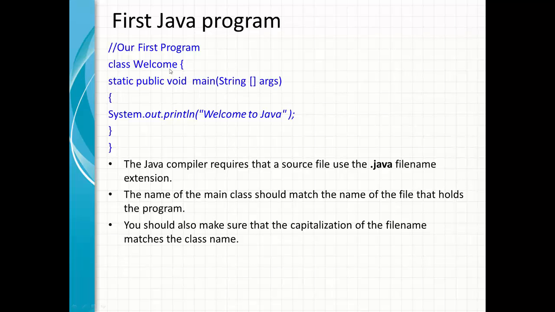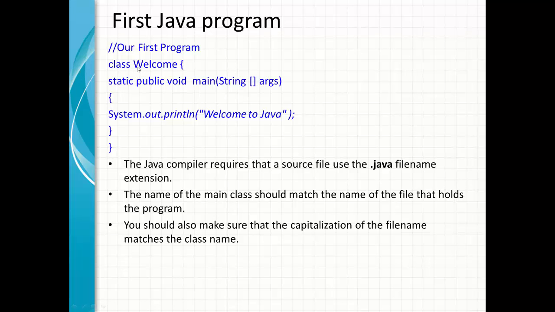Another thing is the name of the main class should match the name of the file. You notice that the name of the class is welcome, and the name of the file we used is also welcome. That's mandatory, that we should use exactly the same thing. Another one is you should also make sure that the capitalization of the file name matches the class name. So you cannot say, okay, class name is welcome, and I can give the file name lowercase w.